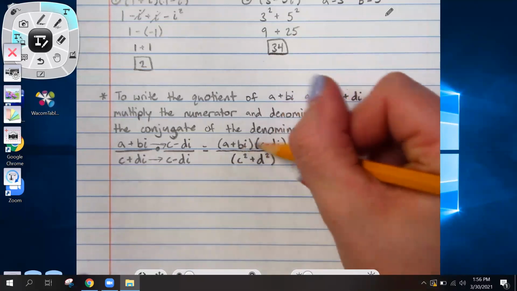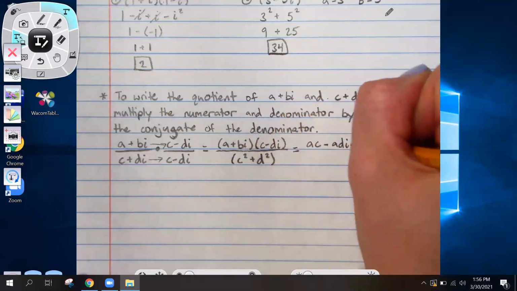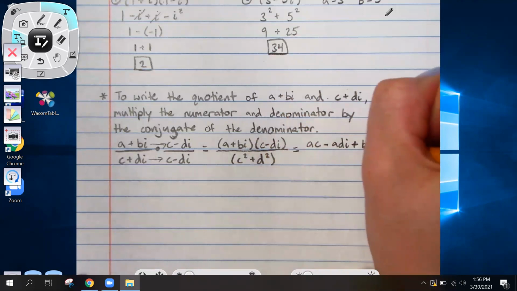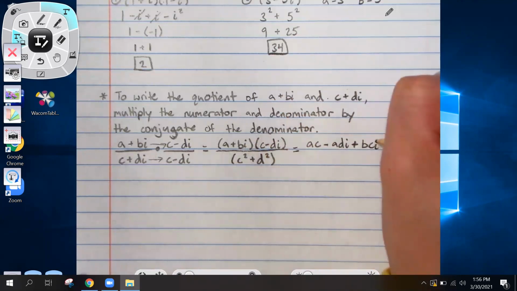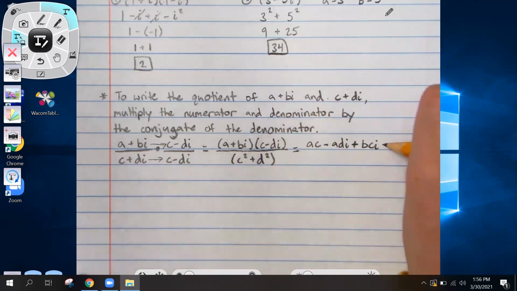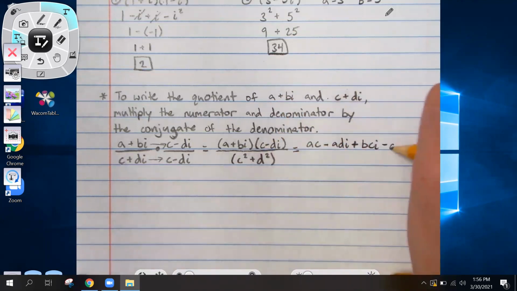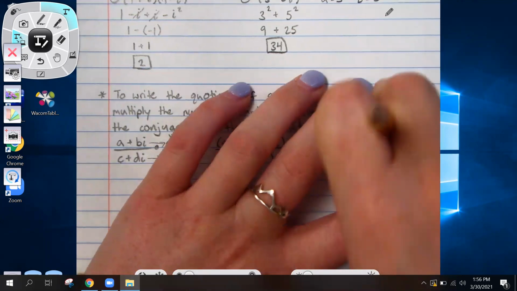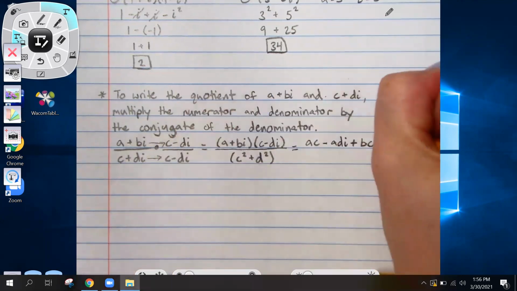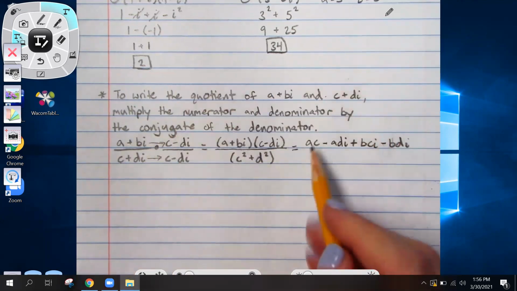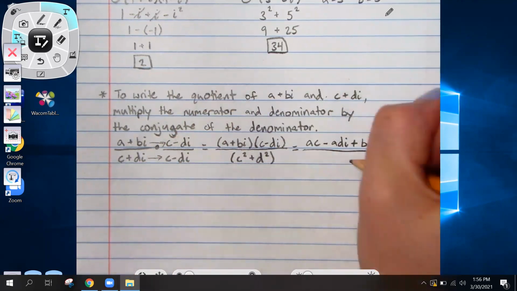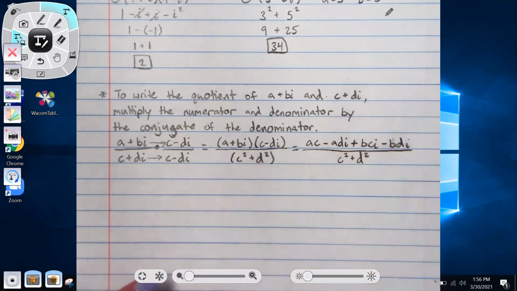The inside, bi times c, would be plus bci. And the last terms, bi times negative di, would be negative bdi. And the denominator stays c squared plus d squared.